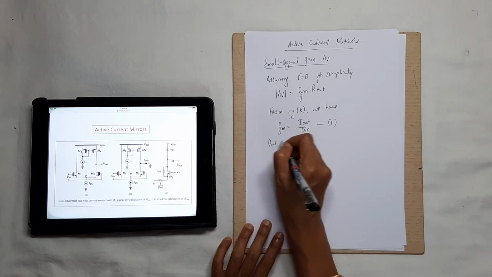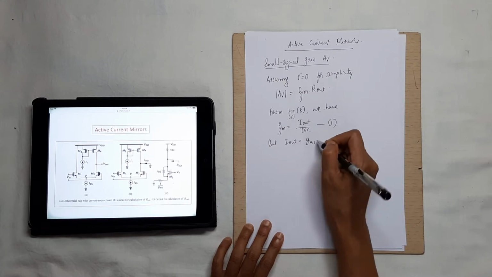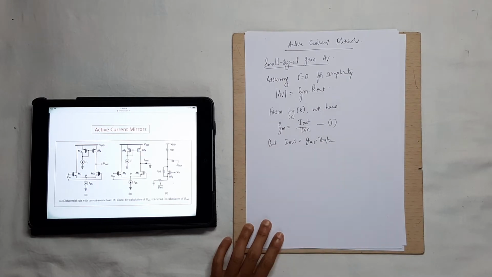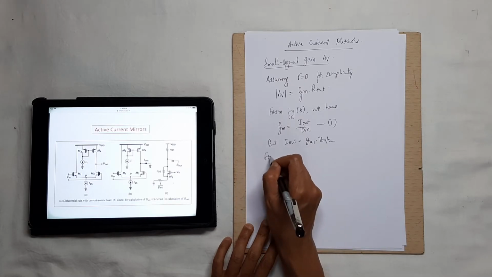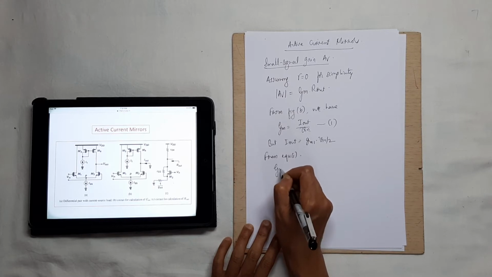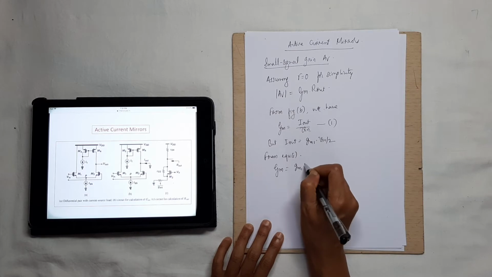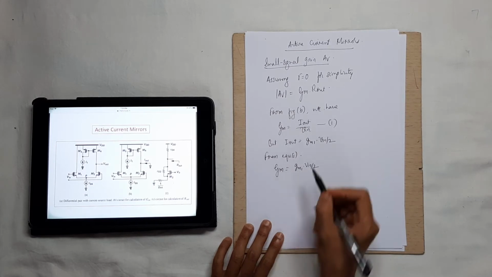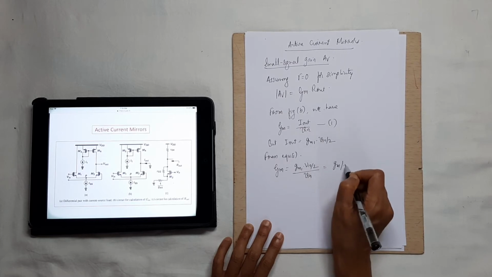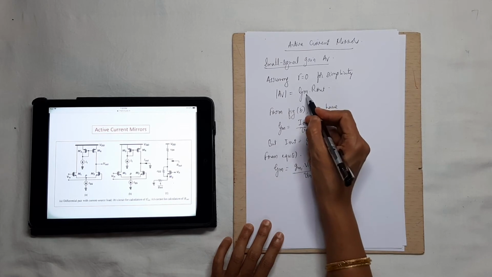But I out is given as Gm1 into V in by 2. From equation 1, Gm is equal to Gm1 into V in by 2 divided by V in, which will give you Gm1 by 2. We have found out what is Gm.